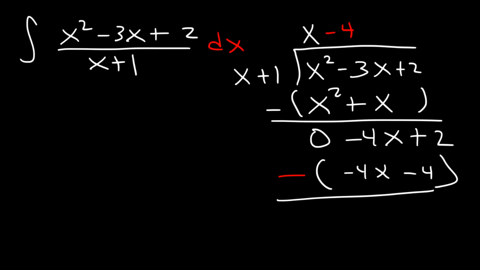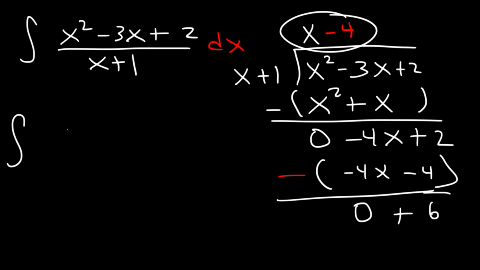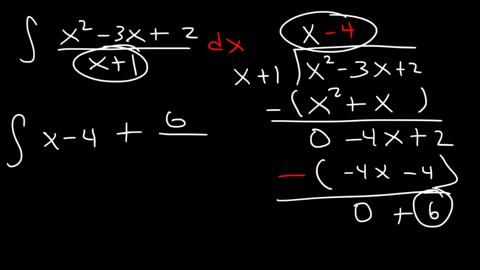So negative 4x minus negative 4x, they will add up to 0. 2 minus negative 4, which is 2 plus 4, that's equal to 6, which is the remainder. So this fraction is equivalent to what we have on top, x minus 4, plus the remainder over what we tried to divide it by, which is x plus 1.